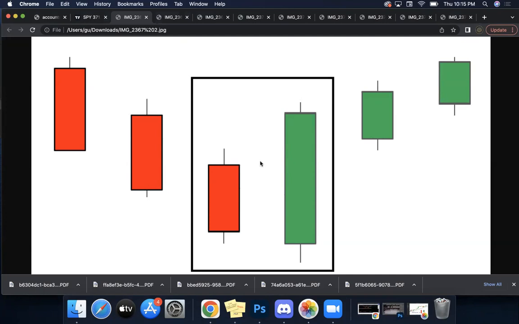So where do you look for these patterns? You look for them in demand zones, resistance zones, buy zones, pivot areas where whatever ticker or company you're playing likes to bounce or reject.